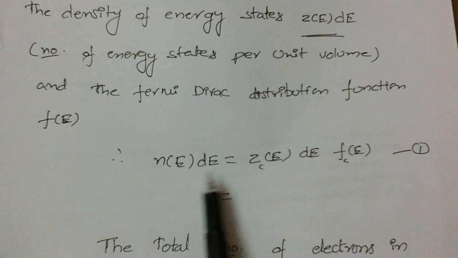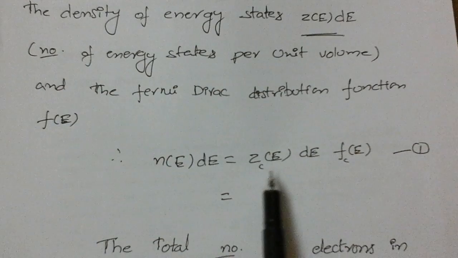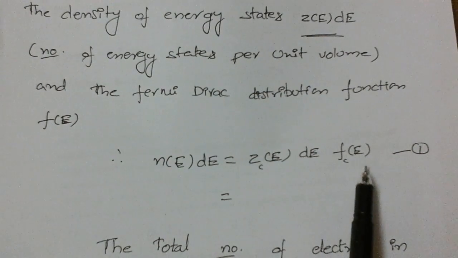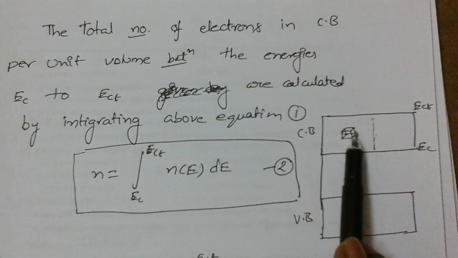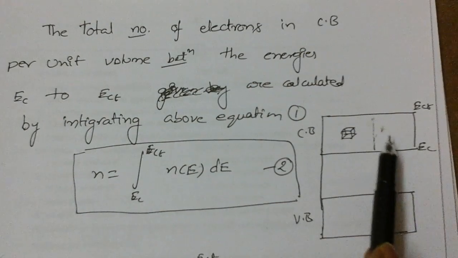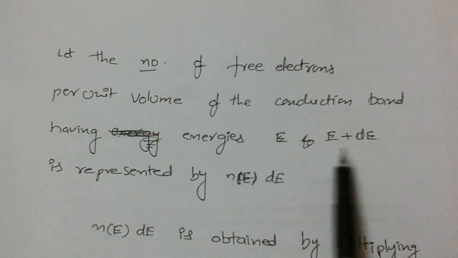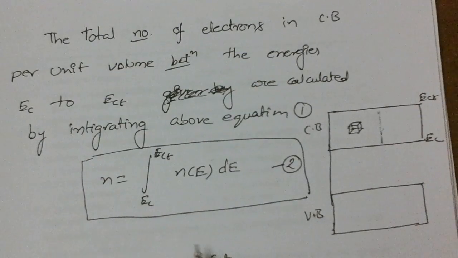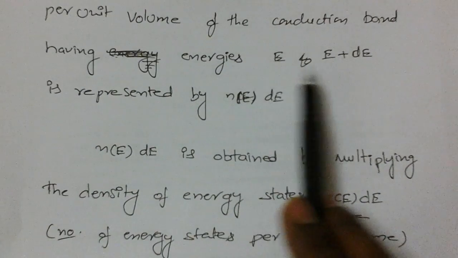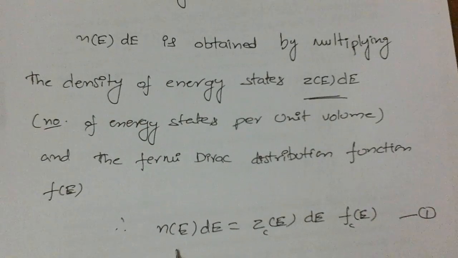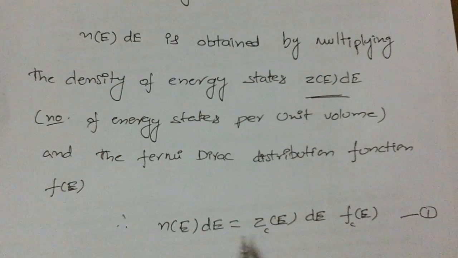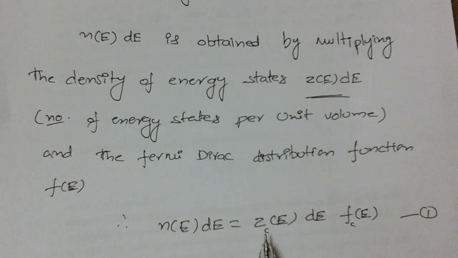That is, the number of electrons per unit volume between the energy levels E and E plus dE is n(E) dE, equal to Zc(E) dE F(E). We get this by multiplying the energy state density by the Fermi-Dirac distribution function.